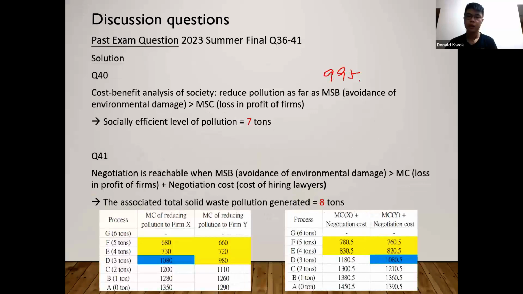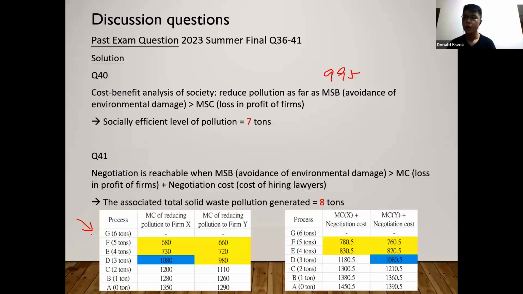The marginal cost of reducing pollution to society as a whole will be the reduction of profit of the firms, referring to the marginal cost table on the left-hand side here. As far as the avoidance of environmental damage 995 is greater than the numbers in this marginal cost table, then it will be socially efficient to reduce that ton of pollution. And as you can see, the socially efficient level of pollution should be 7 tons.